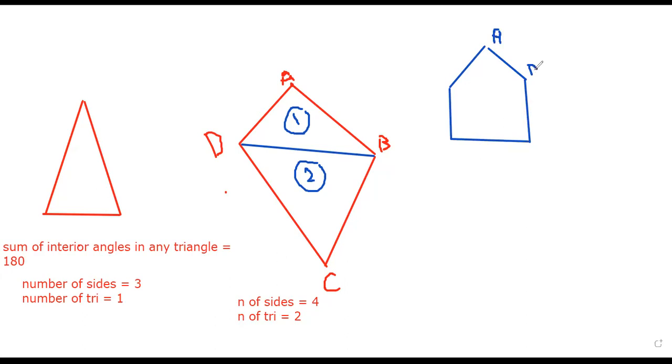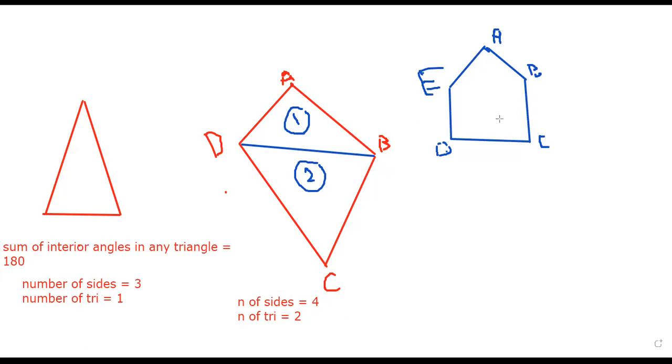So this is A, B, C, D, E. If I want to divide this figure into triangles from point A, I have to connect A and what, grade 7? I have to draw from A to what? Tell me and I'm going to draw.